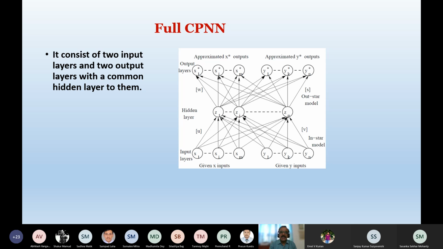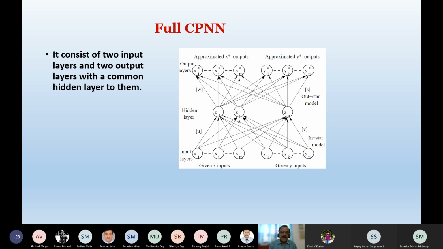And this is the output layer. On the output side, once again, there will be two output layers. One is the output layer corresponding to the process parameters, and the other represents the responses corresponding to the input process parameters.